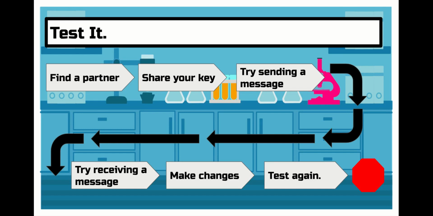Well, fourth graders, I hope that you enjoy investigating the transfer of information as you test out your code. Make sure that you don't skip a step and make sure that you make some changes if you find that there was a problem with your code.